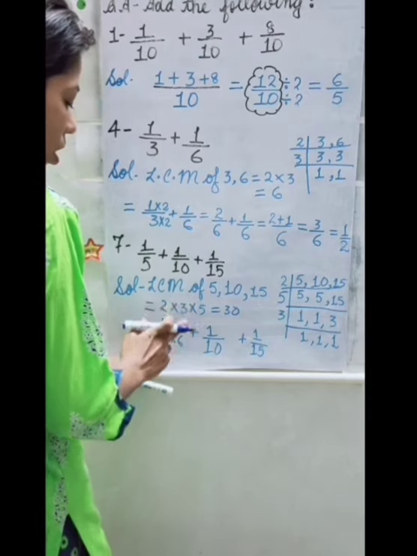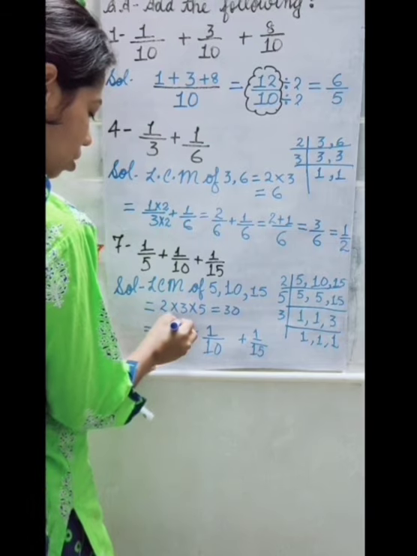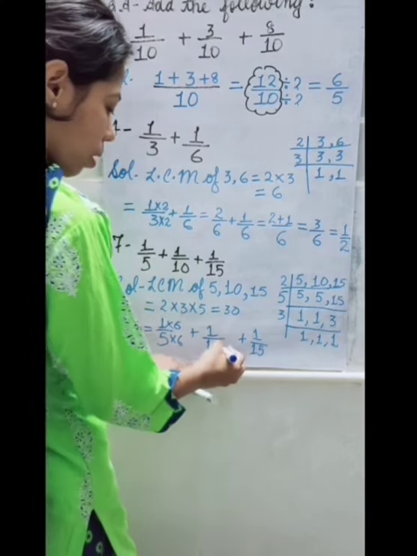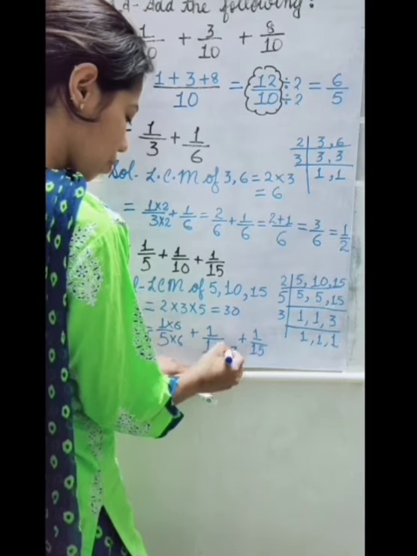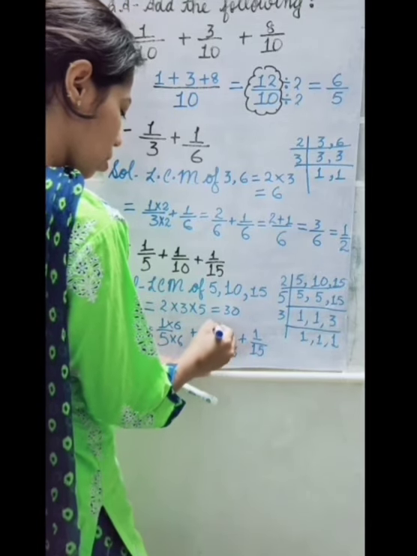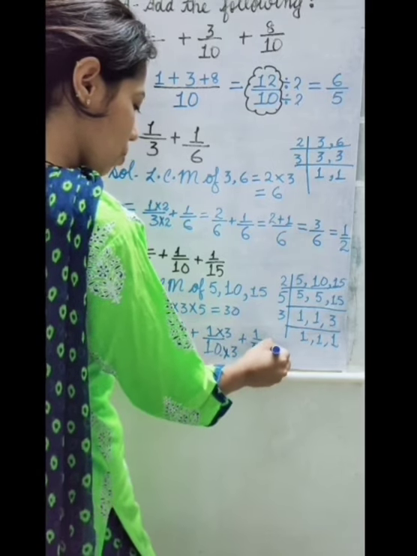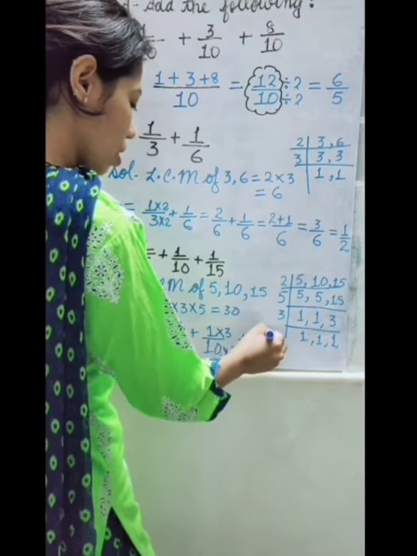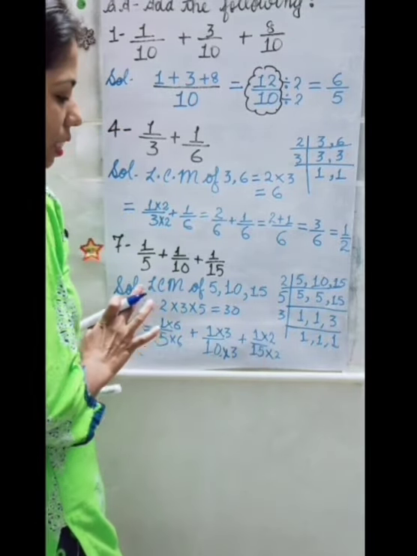We have to change this denominator to 30. Then we will multiply numerator by the same. 10 3s are 30. So we will multiply numerator by the same number. 15 2s are 30. And we will multiply this numerator by the same number.